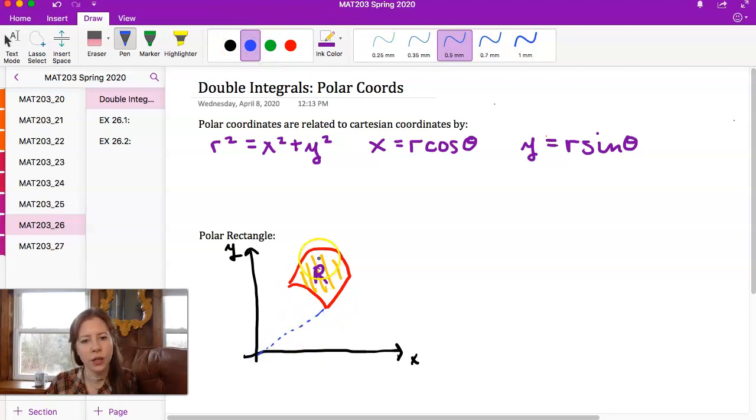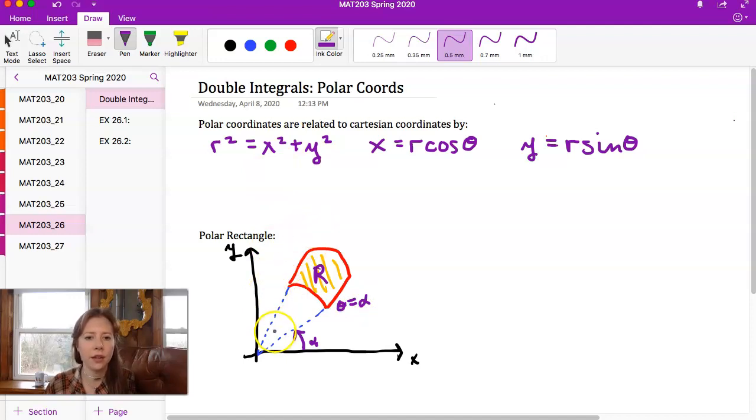So I'm just going to project this back down. In this case, this is going to represent an angle of theta equals alpha.